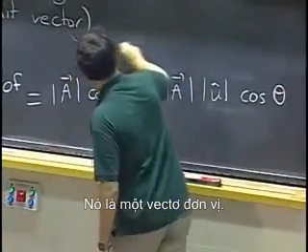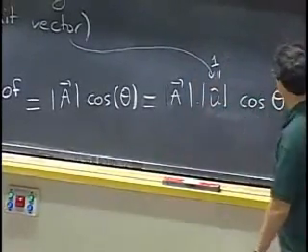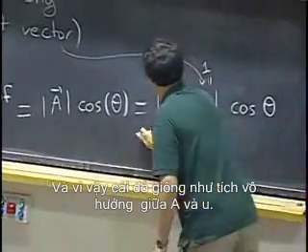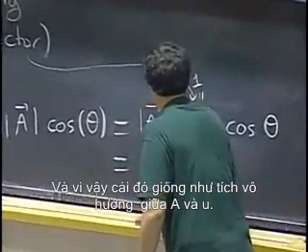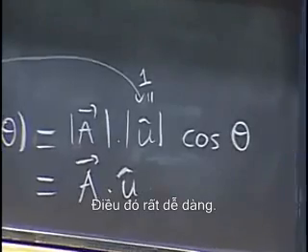That means its length is equal to 1. And so that's the same as the dot product between A and U. So that's very easy.